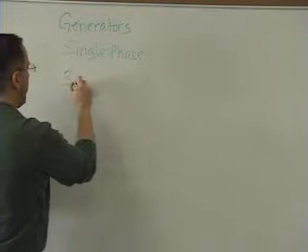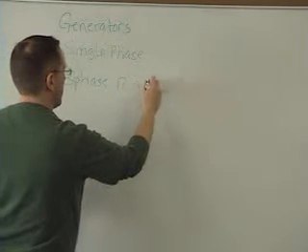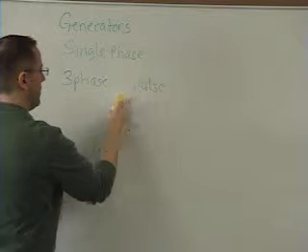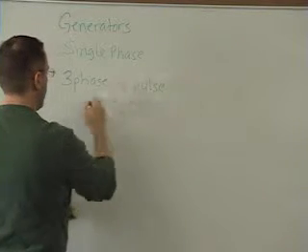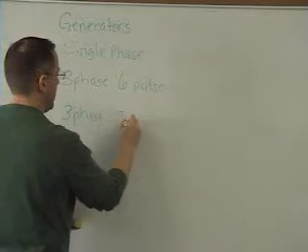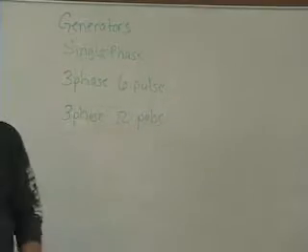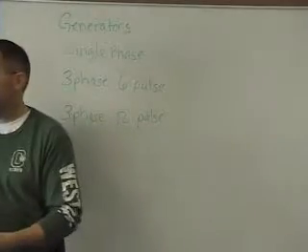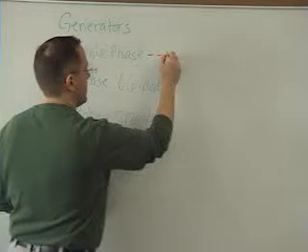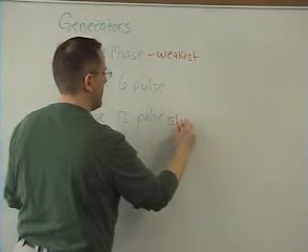You have a 3-phase 6-pulse and a 3-phase 12-pulse. It's just 3 different types of generators. One is going to be stronger than the other. So this would be the weakest, and this would be the strongest.